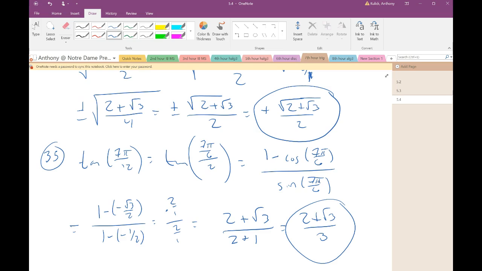Minus a negative half. Oh, what am I doing? Where's the 1 minus coming from? It's not supposed to be there. That's better.